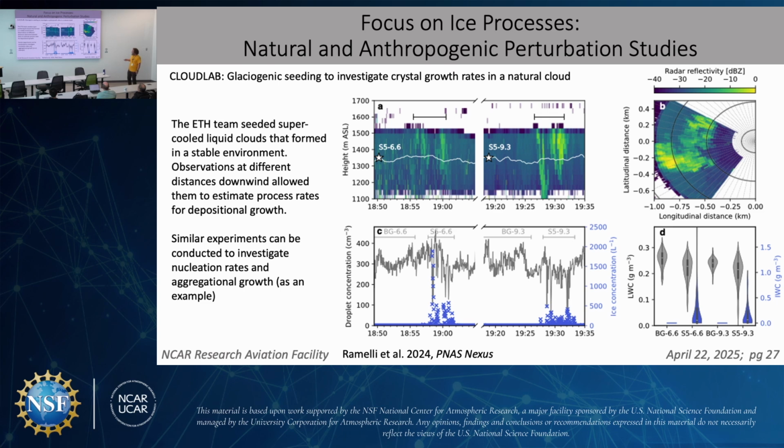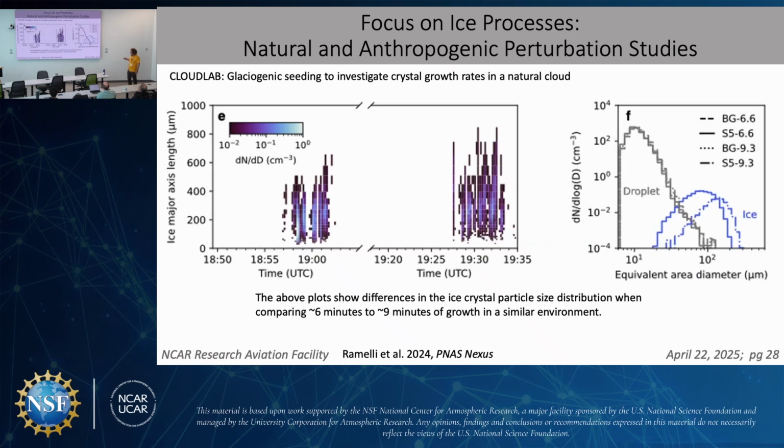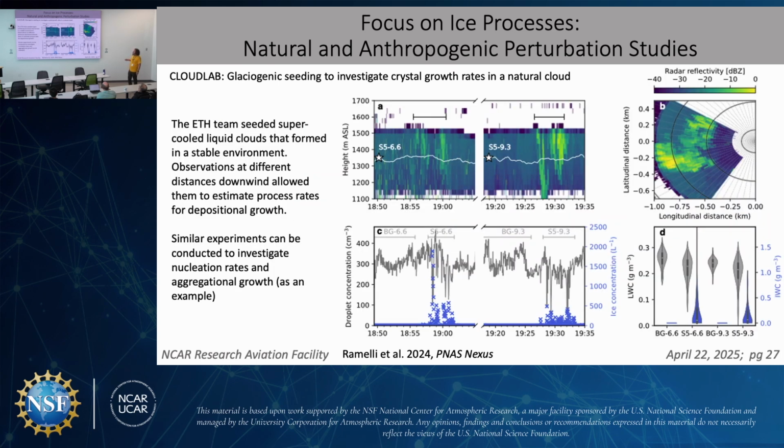So here's an example from that experiment, where they're looking at radar reflectivity from two different seeding experiments, one where they seed 6.5 minutes upwind, and another where they seed 9.5 minutes upwind, and they can look at the development of the reflectivity.